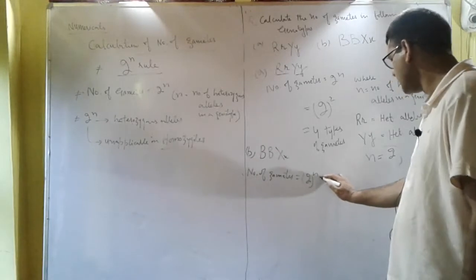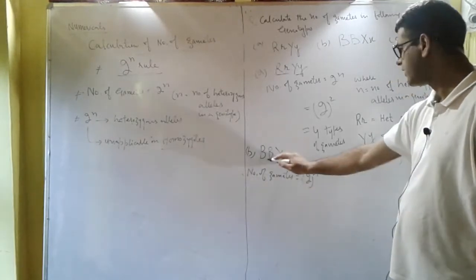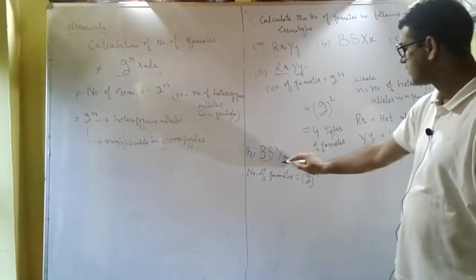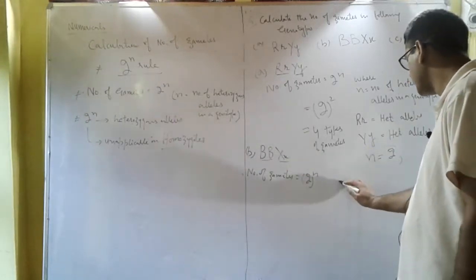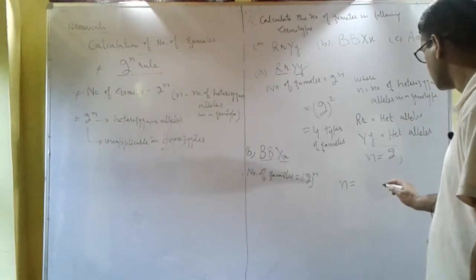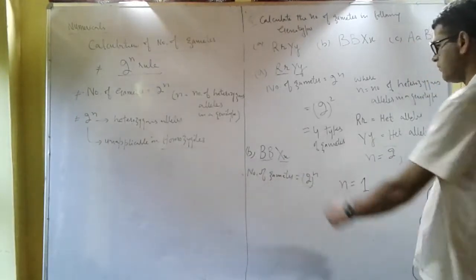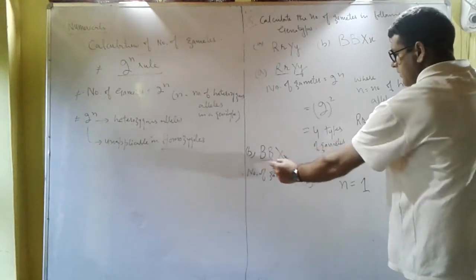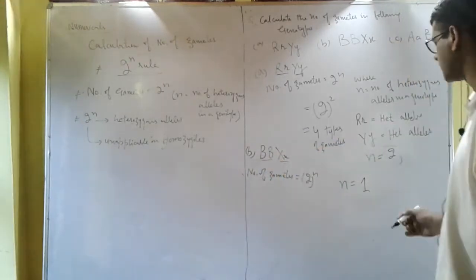What is n? Here this is a homozygous allele, this is a heterozygous allele. So n is equal to 1, because only one heterozygous allele.